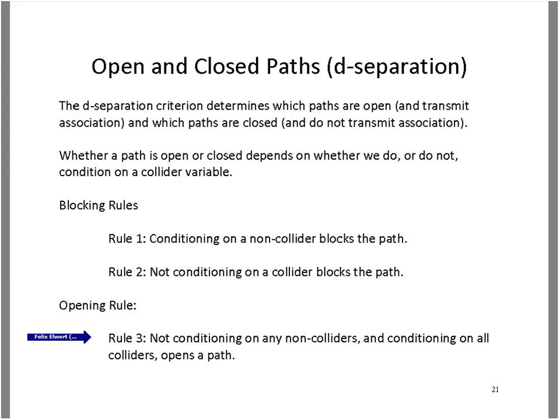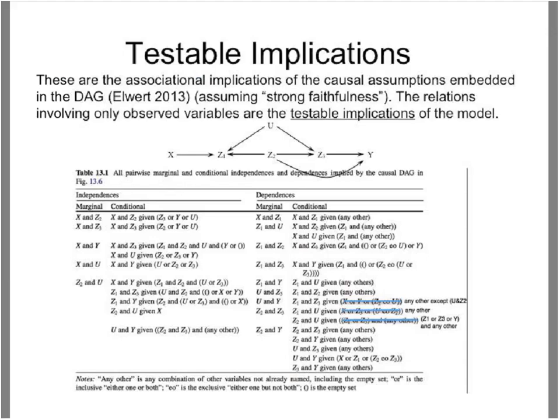If you read my 2013 article, you'll see how what we've just discussed with these three elementary causal structures neatly translates into the rules on this slide 21. So we've not introduced any new information here, we've just put things together. Okay, so this is kind of cool. Now you can take an arbitrarily complicated causal model, such as the one on this slide here, and ask, if this is how the world really works, what marginal and conditional associations and independencies should I be able to see in the data?